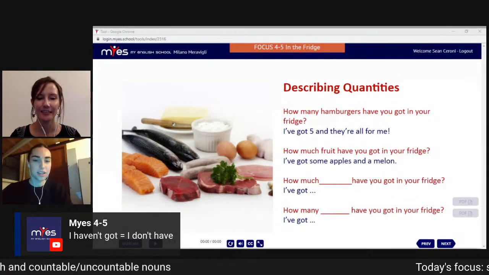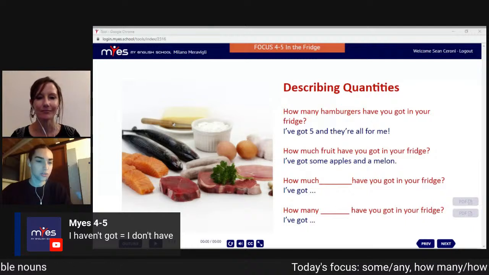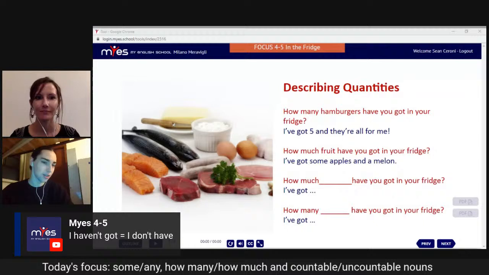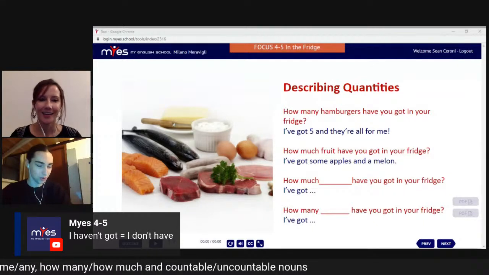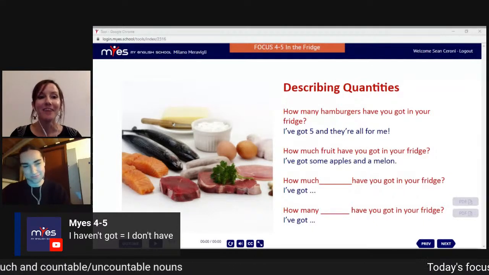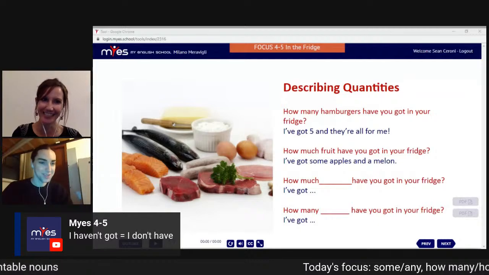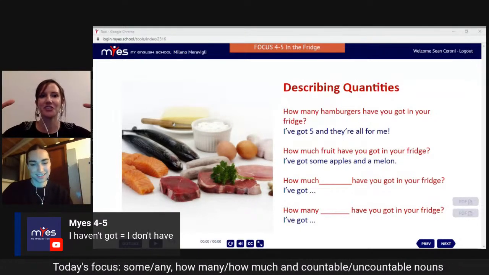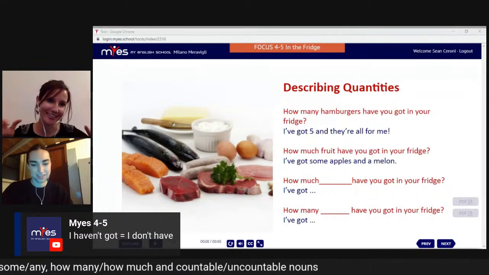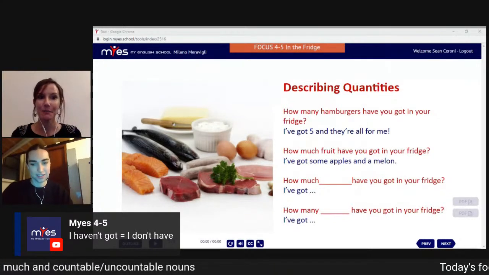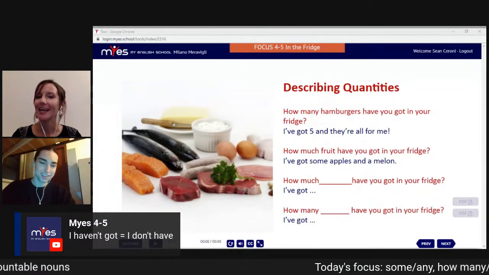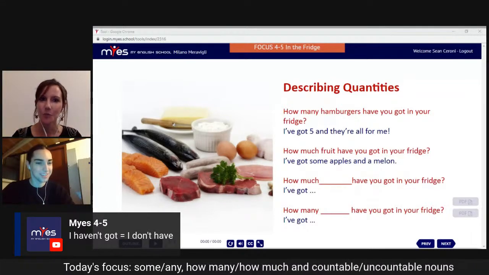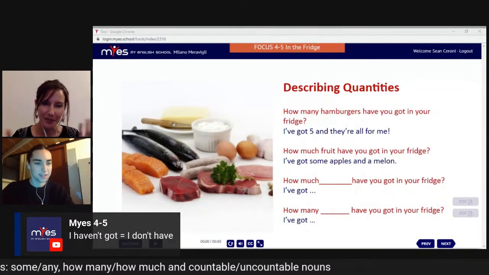And finally, how much pasta have you got in the cupboard? Not in the fridge, obviously. I have lots of pasta. I have a big tray of different pasta because every time we go shopping, if it's on special, if it's on sale, we buy the pasta.